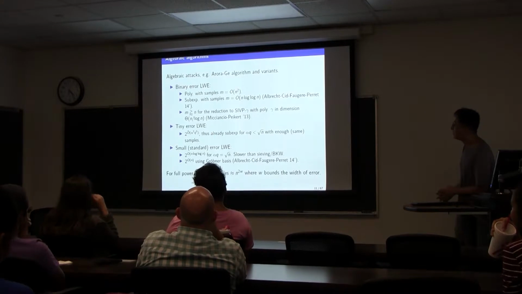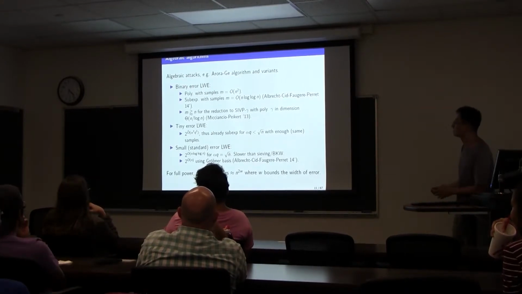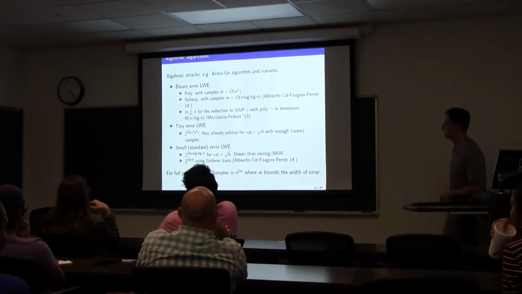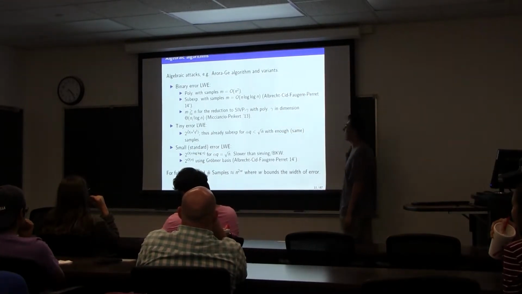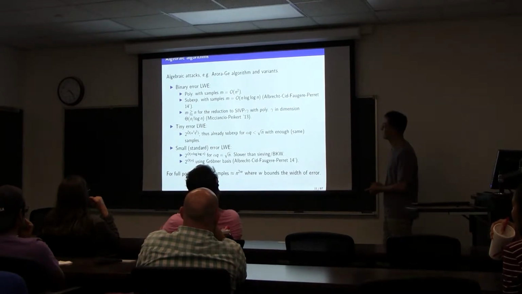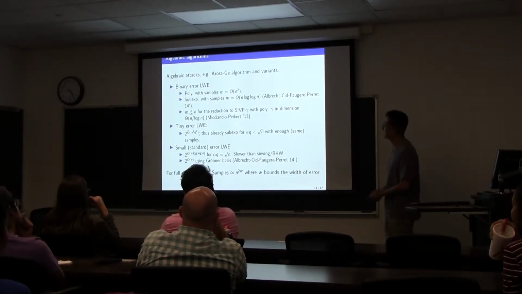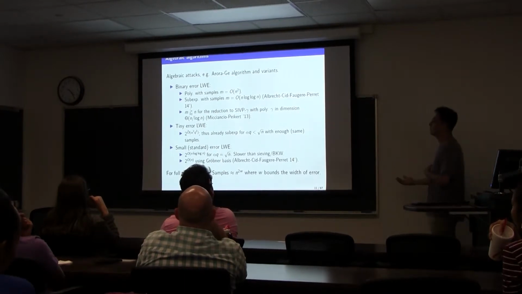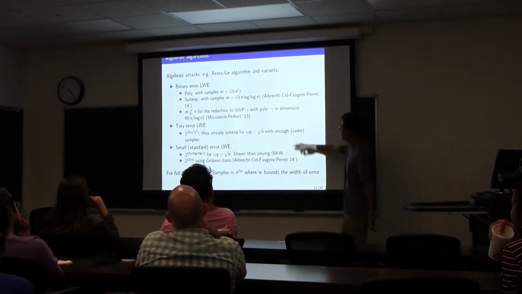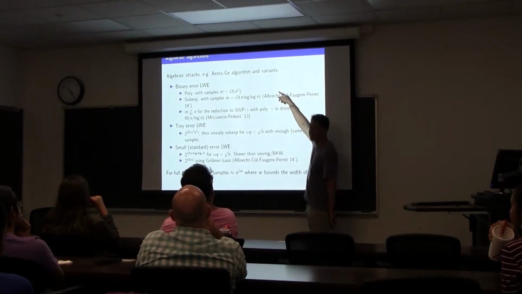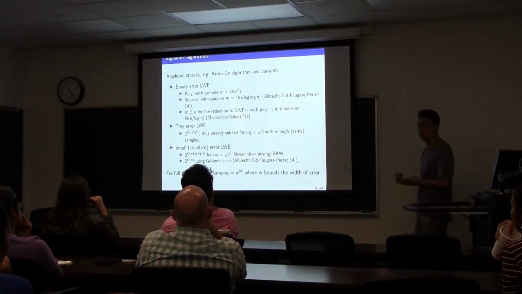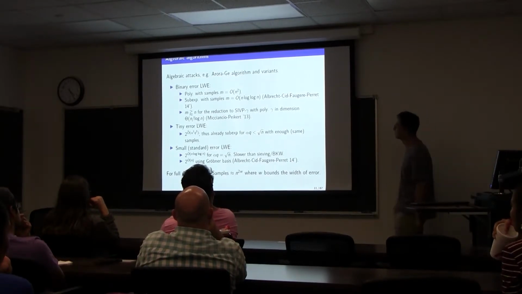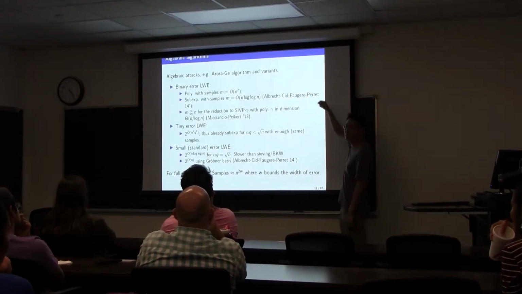However, the situation changes if you restrict the number of samples. If the number of samples is slightly smaller than O of n squared, we don't have a polynomial time algorithm. Instead, we have a subexponential time algorithm. The technique they use is to generate new samples from the many samples, such that we have enough samples. However, the quality of these new samples is reduced. That's why the running time cannot be polynomial anymore as in the first case.